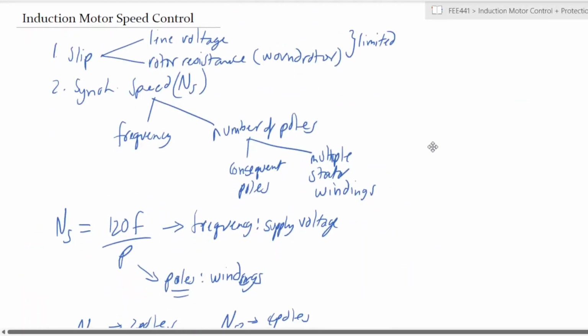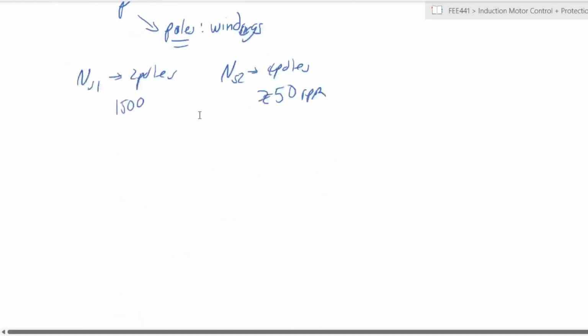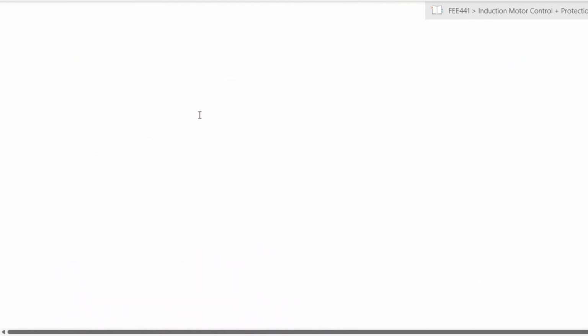And finally, therefore, we've looked at the slip. We've looked at the way you can change the line voltage and rotor resistance. We've looked at synchronous speed and the number of poles. So finally, let's look at what happens when you change the frequency of the machine.